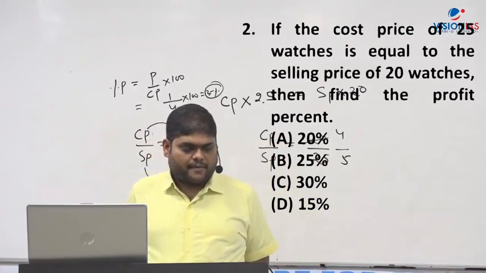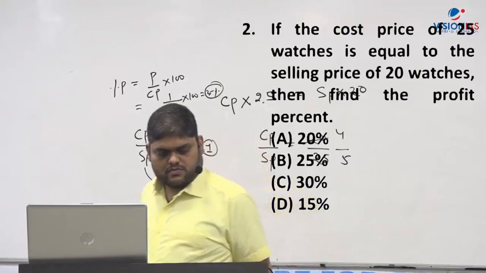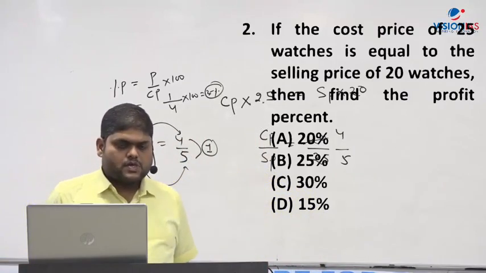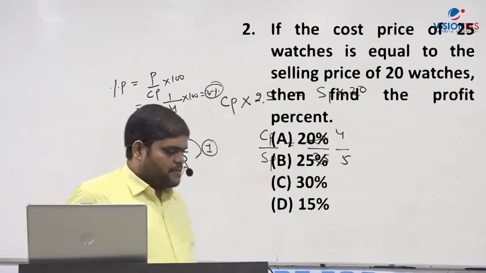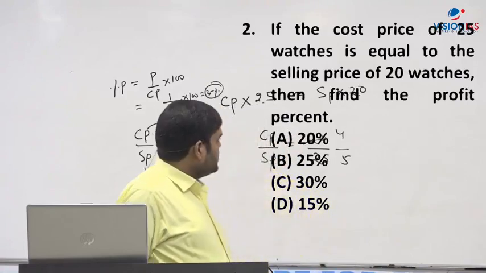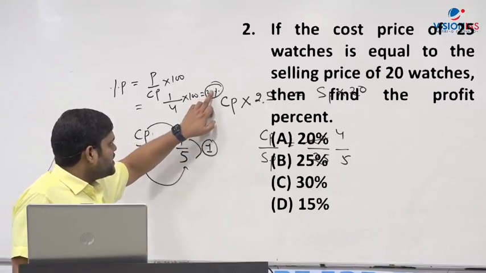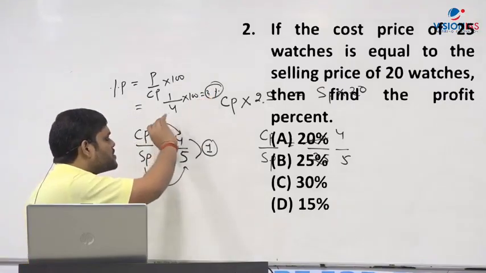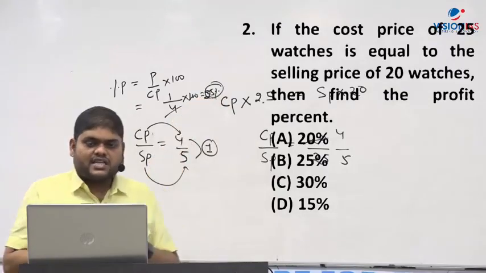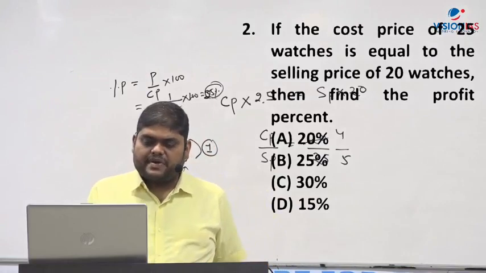A simple one. The answer will be, how much is it? 20, sorry, not 20, 25 only will come, okay? The answer is 25%. B is the correct answer.